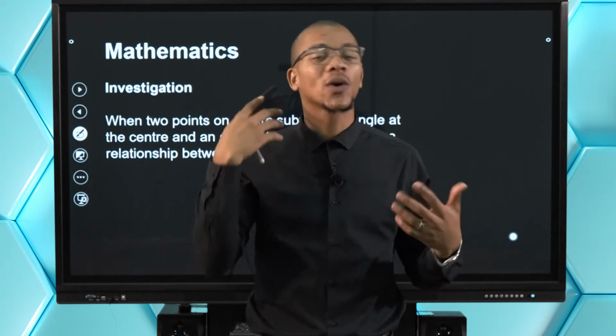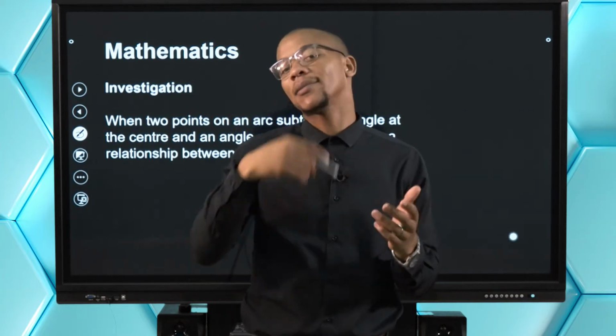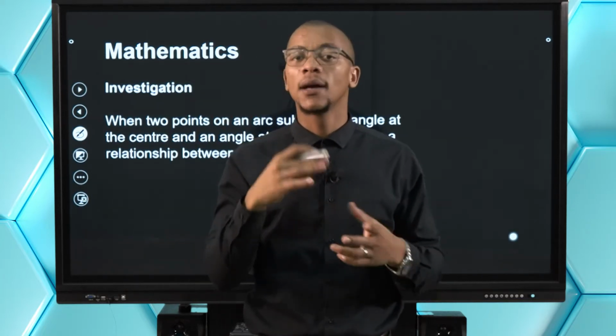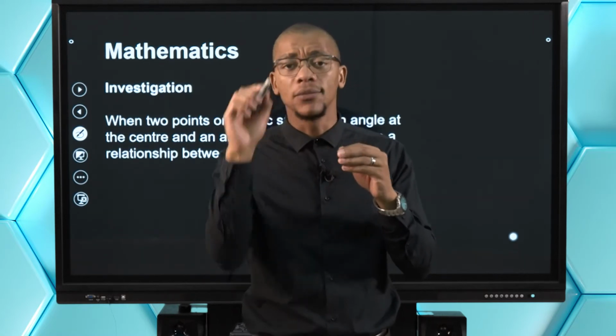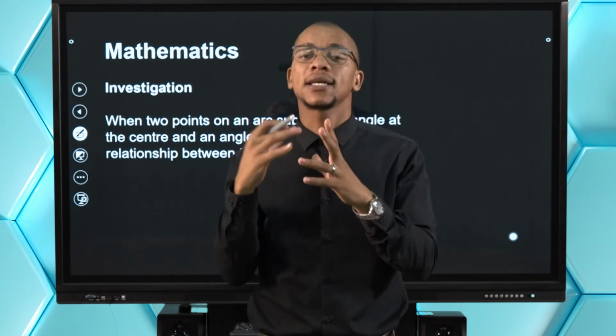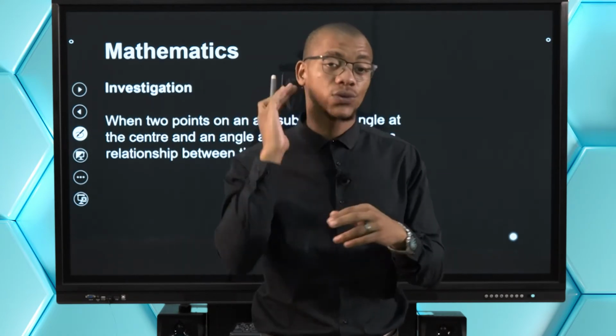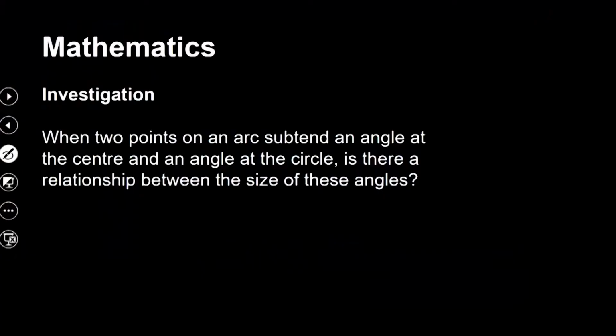And remember, we're going to be using an investigation. I'm going to be showing it with my pen, but you can try and find this at a later stage and move it as the instructions are going to be saying to you to try and do that.